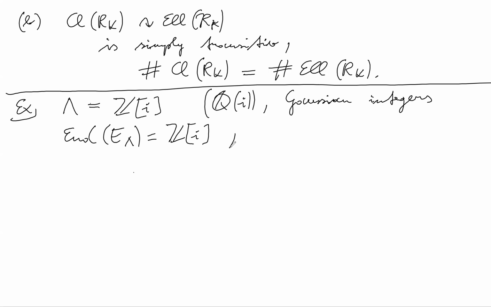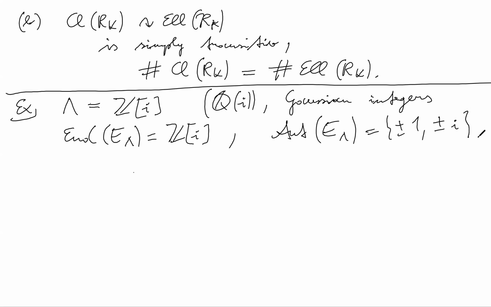And now if you think of this lattice and how many automorphisms this lattice has, this lattice is certainly invariant under multiplication by 1 and minus 1, right? You flip it, you mirror it along the y-axis, but you can also mirror it along the x-axis because the lattice is just rectangle squares of equal edge length, right? So the automorphism group of lambda, therefore also the automorphism group of E_lambda, includes plus minus 1, the mirroring along the y-axis, and also plus minus i, the mirroring along the x-axis.